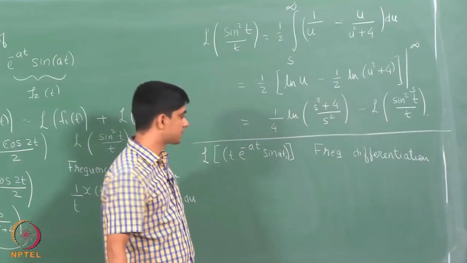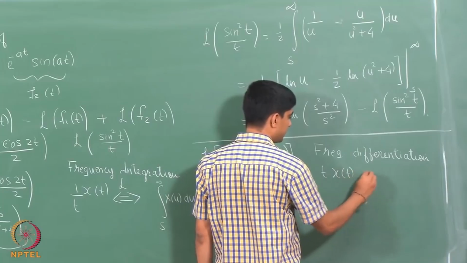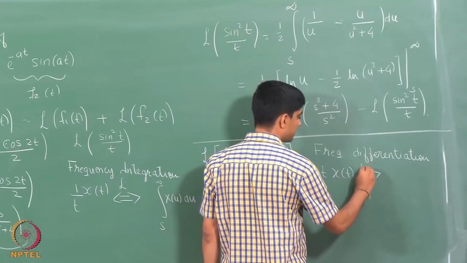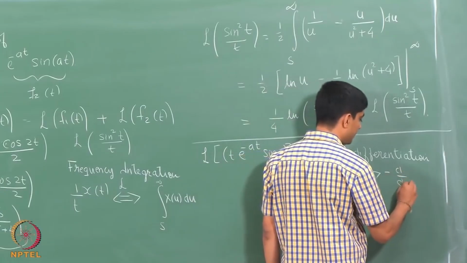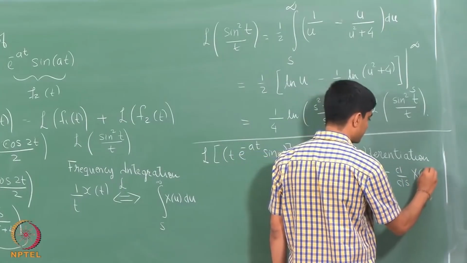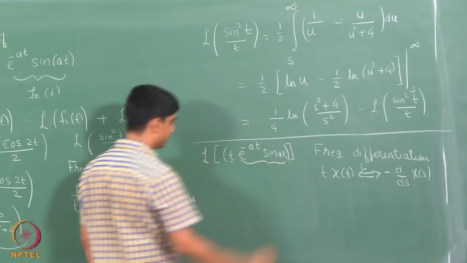Okay. What does the formula say? That the Laplace transform of t x of t would be minus d over ds x of s, right. So, here I have t multiplied by this signal. Okay.